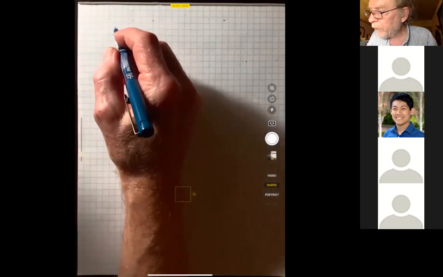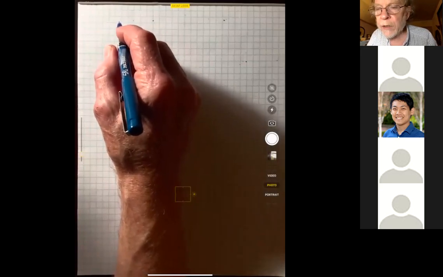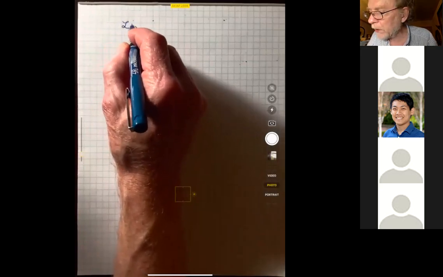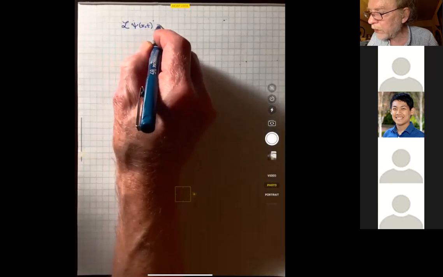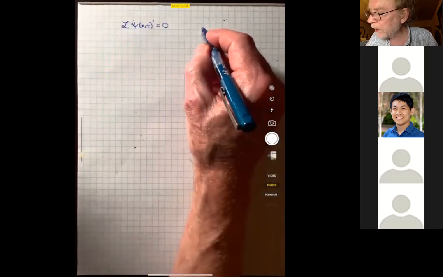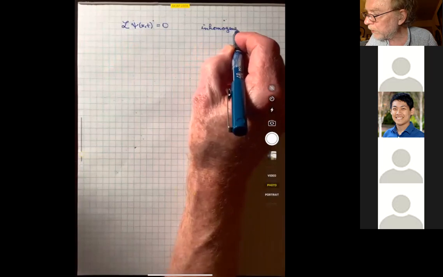So if we have a typical linear wave equation that occurs in physical applications, let's say there's a linear operator L and a wave function psi of x and t, with L psi equals 0. If the wave equation looks like this, it's said to be homogeneous. That's the mathematical terminology.